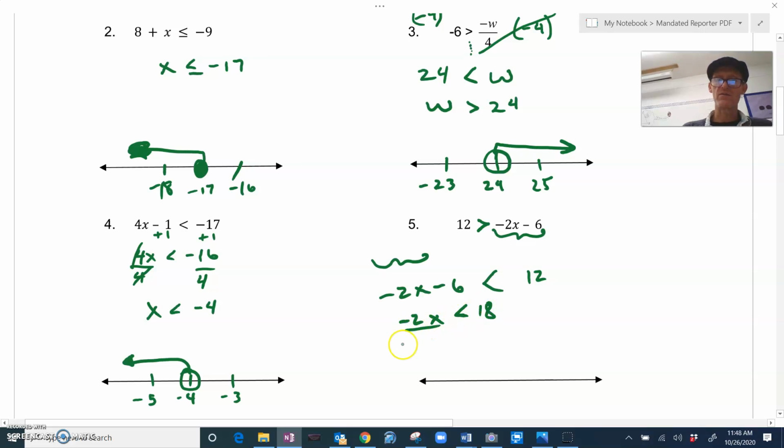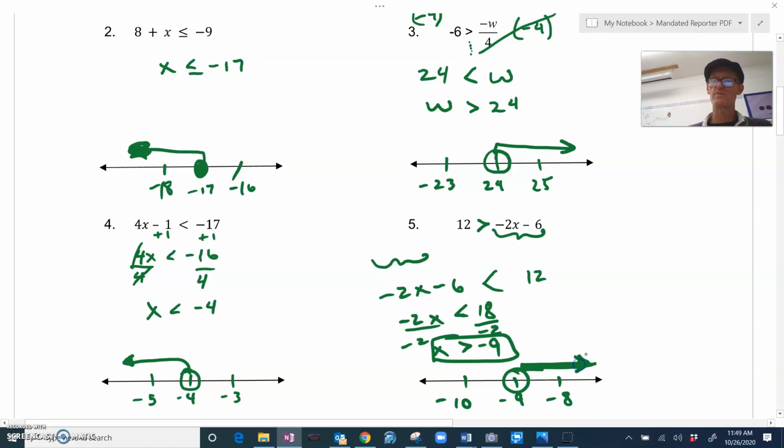Divide by -2. Negative. Flip it. X greater than -9 is what we get. So this is a -9. Put -8 here. I put -10 here. Circle. Greater than -9 is to the right. So all the numbers to the right of -9 are the solution.